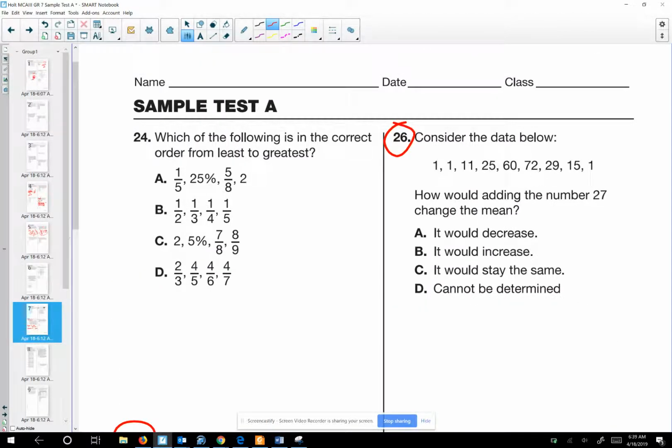All right. You need to find the mean of these numbers because it said, how would it change the mean? So in order to figure out how it changes the mean, what you really need to do is find the mean first. If you're using your calculator and you're using that list function, you're looking for the value of x bar.